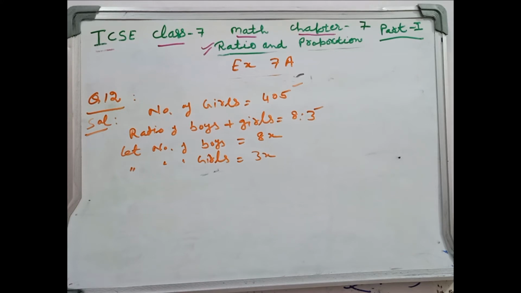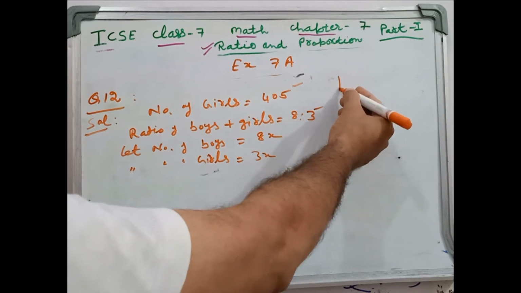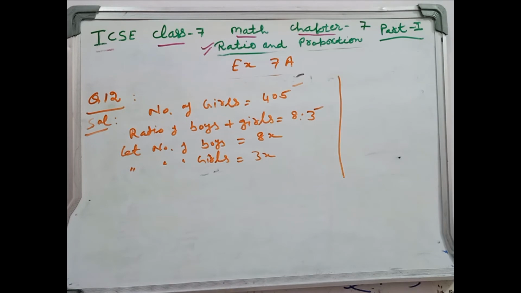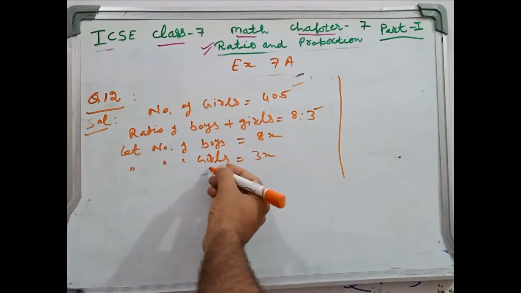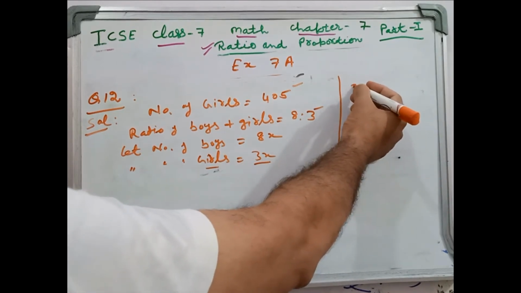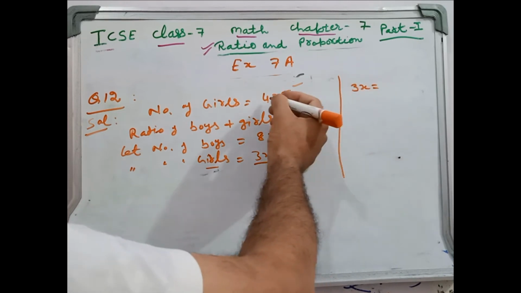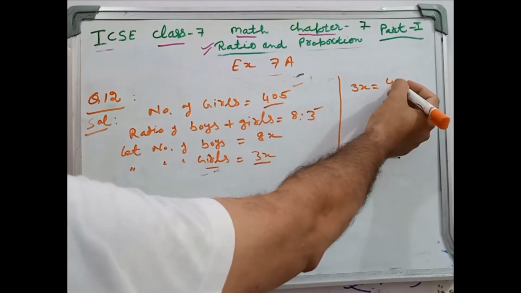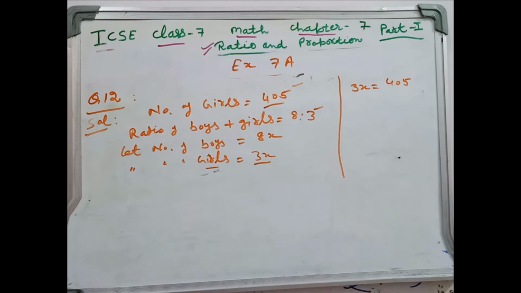So students, let me explain a shortcut here. Number of girls is given, assume 3x. 3x is equal to 405.